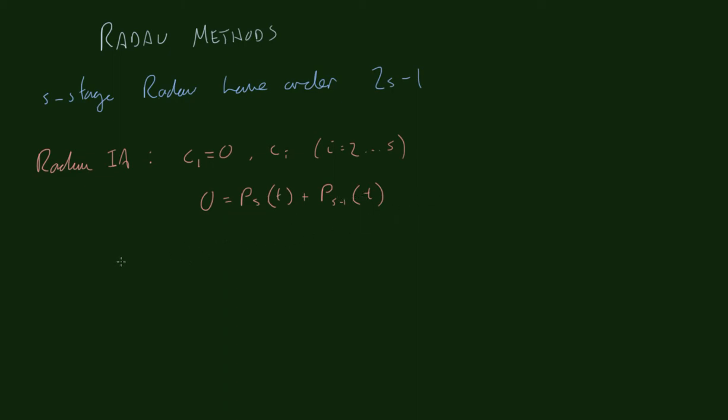The B coefficients are chosen to satisfy the B(2s) condition, and the Aij coefficients are chosen to satisfy the C(s) order condition. For what I'm talking about with the B and the C order conditions, see the lecture notes or the video on the Gauss-Legendre methods. So that's the first type of Radau method.